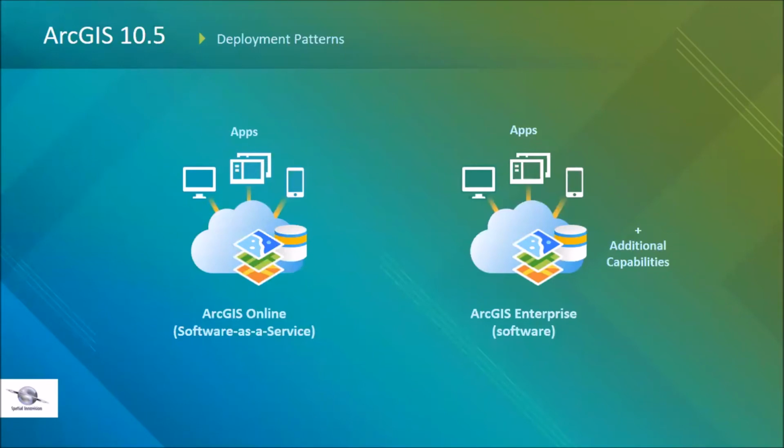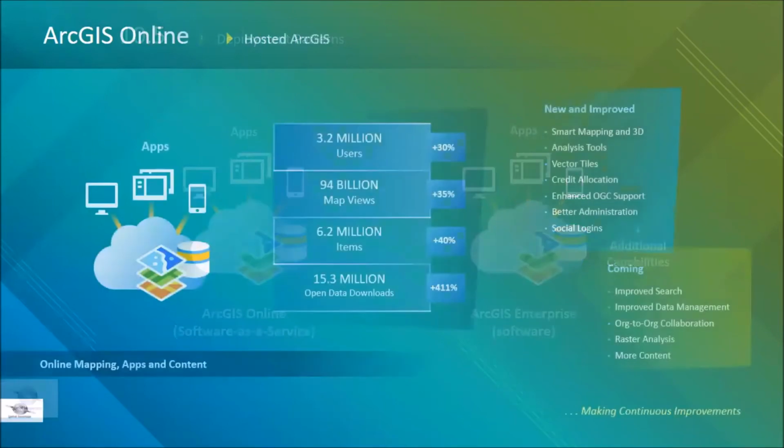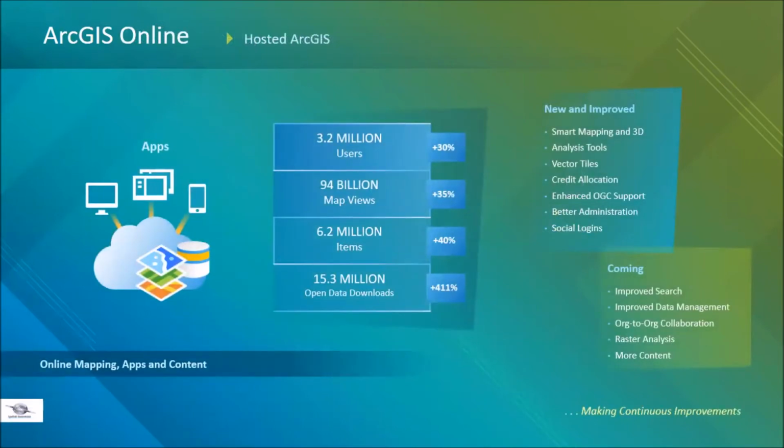So these support the foundation capabilities. ArcGIS Enterprise expands some of the capabilities that are not available with ArcGIS Online. The deployment pattern selected would depend on the business needs of your organization. So ArcGIS Online, as mentioned, is a complete software as a service GIS that is hosted by Esri.